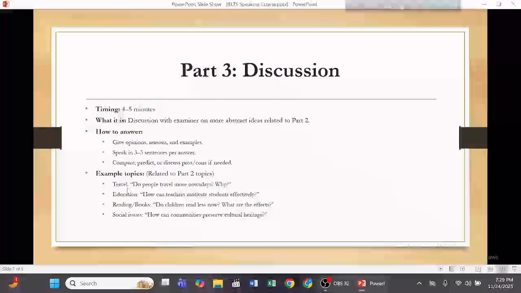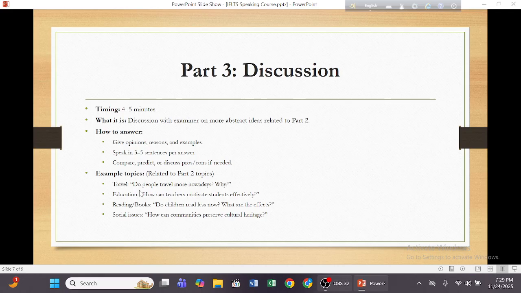For example, if the examiner asks you about traveling, do people travel more nowadays? And why? Here the examiner asks you two questions. First of all, you have to answer the question, do people travel more nowadays? It is more like a yes or no type question. It doesn't matter whether the answer is positive or negative, but the main focus is how you can elaborate and how you can add an example.